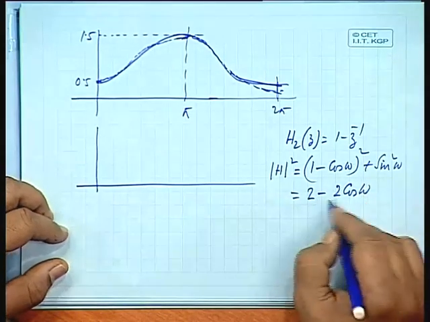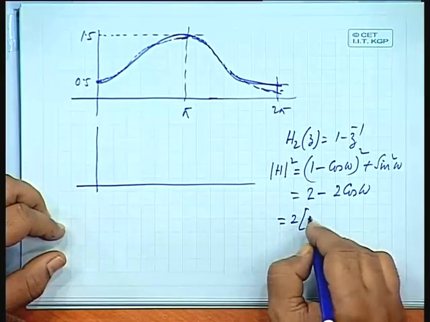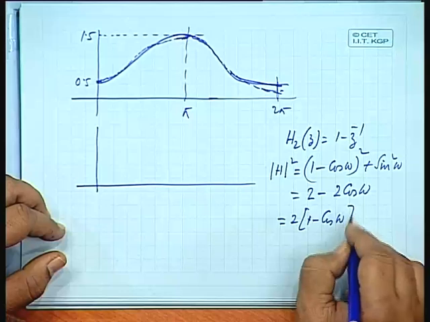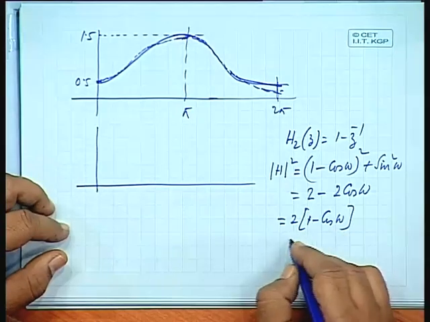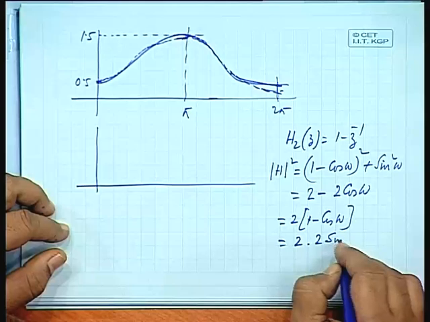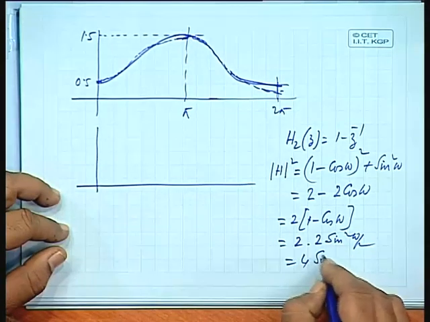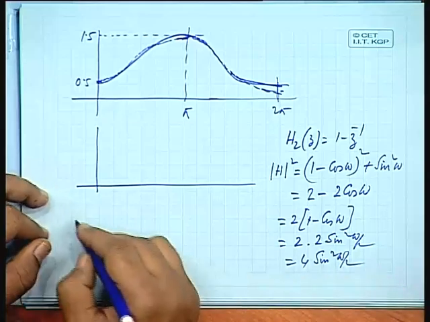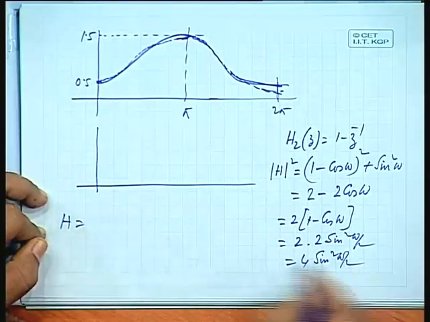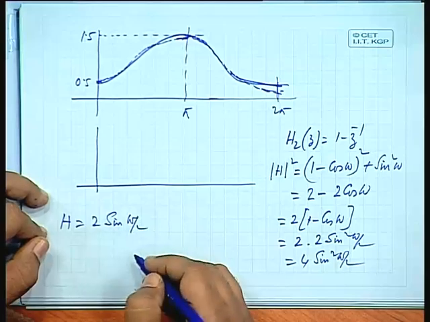Okay. So, what is it like? It is equal to 2 into (1 minus cos ω), and what is 1 minus cos ω? 2 sin squared (ω by 2). So, 4 sin squared (ω by 2). So, |H| is square root of this, so twice sine of ω by 2.